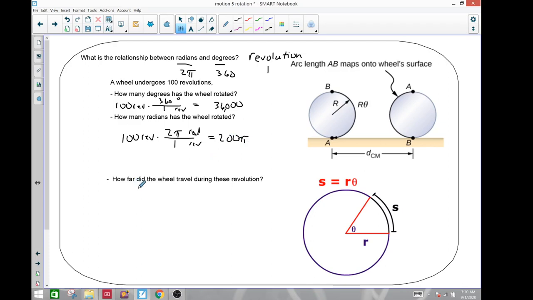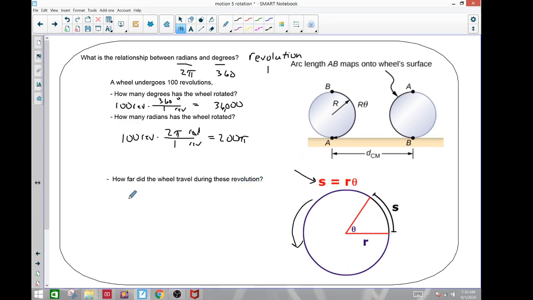How far did the wheel travel during this revolution? In this sense, we need to use this formula right here. The circumference, or the actual linear distance around the circle, is what we're asking for here.